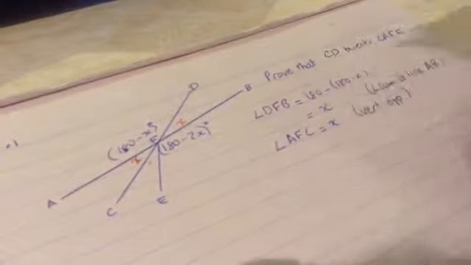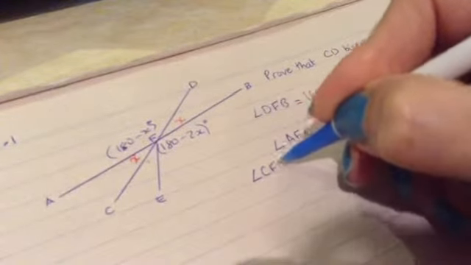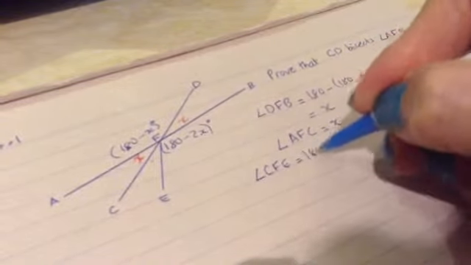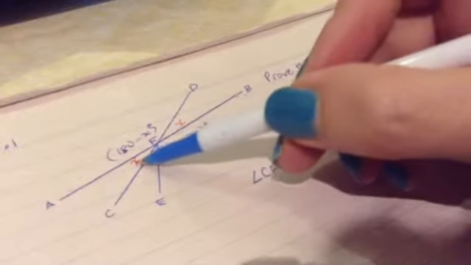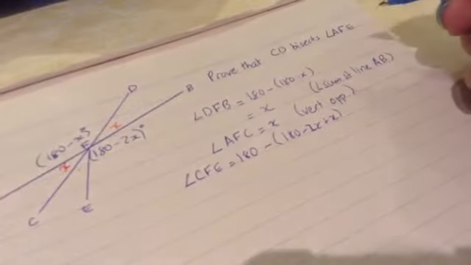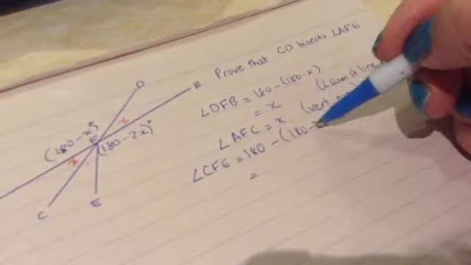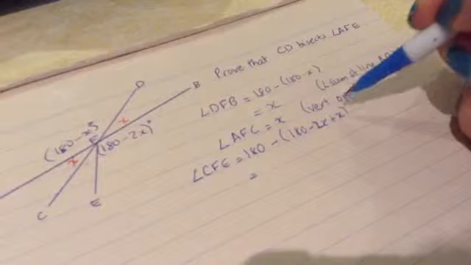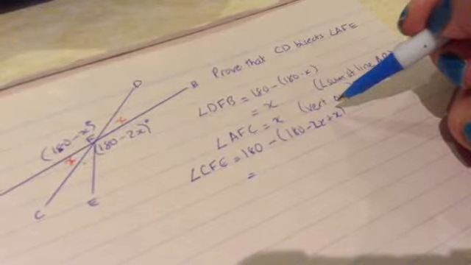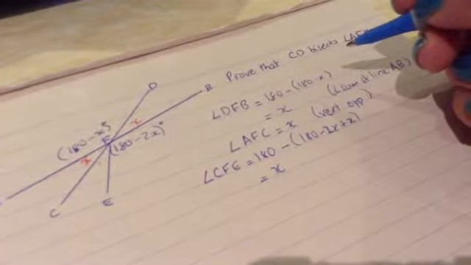So on the next line I'm going to write that angle CFE is equal to 180, angles on a straight line, take away this angle plus this angle. Then 180 minus 180 is 0, minus minus is 2x, minus x will be exactly what we're after. That simplifies to x.